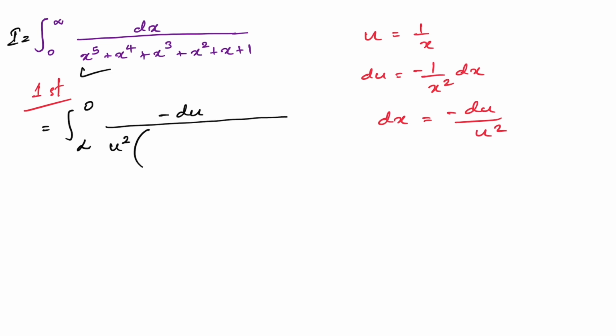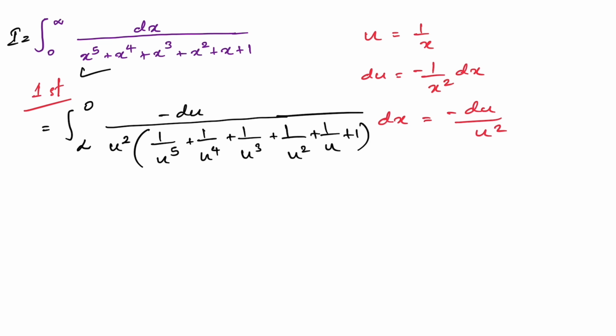Then dx is minus du over u square, and here x to the 5th power becomes 1 over u to the 5th power plus 1 over u to the 4th power plus 1 over u cube plus 1 over u square plus 1 over u plus 1. Okay, then we can simplify.